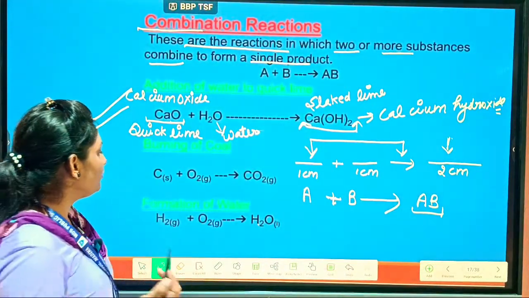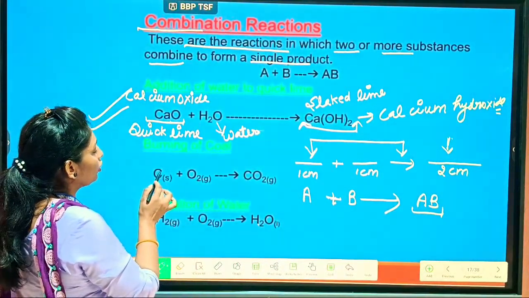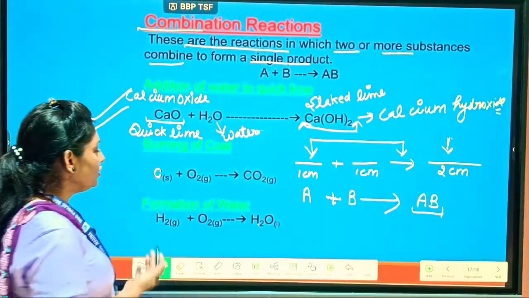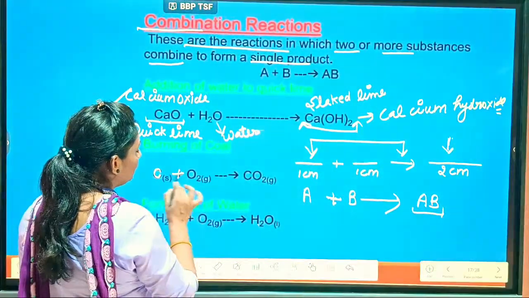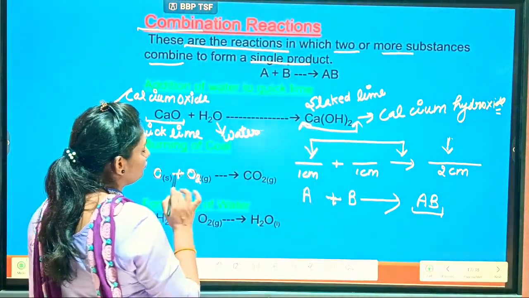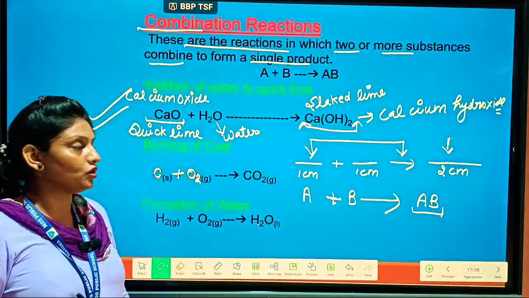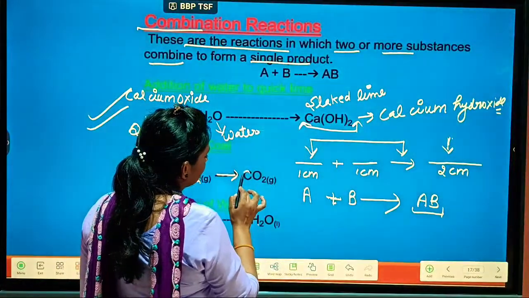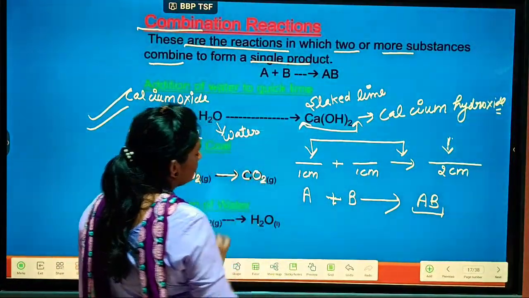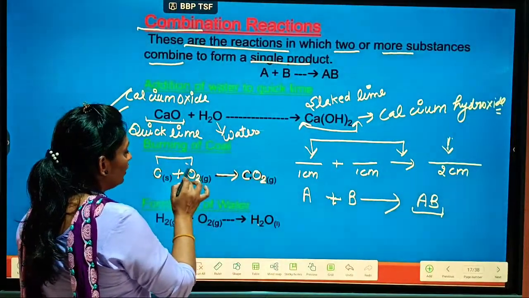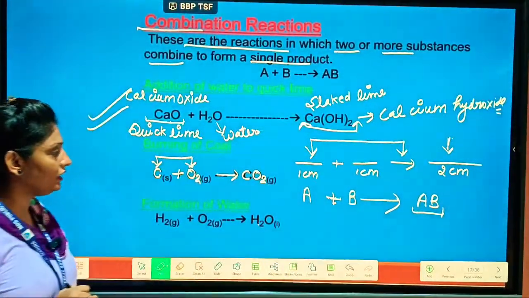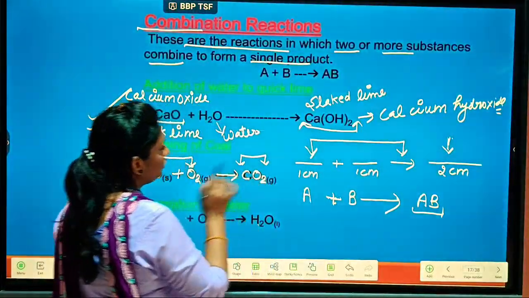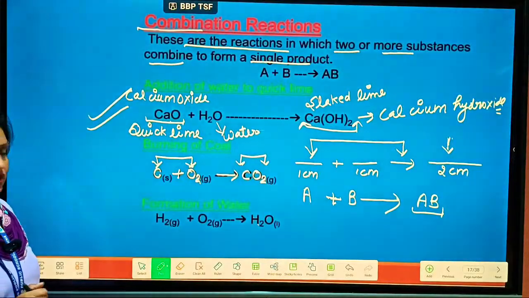You can see some more examples, like burning of coal. Students, you have coal. Coal is made up of carbon. So here carbon burns in the presence of air, means we are doing combustion. So C plus O2. After combining, students, they give us a single product, that is CO2, carbon dioxide. So here two substances are reacting, carbon and oxygen, and they are giving us a single product. So this one is also an example of the combination reaction.